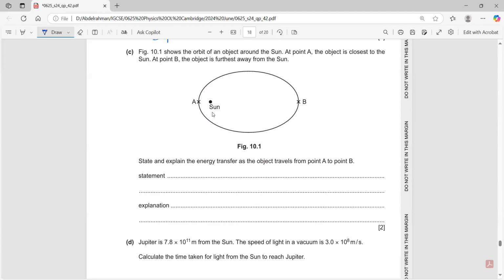You need to say why this happens: due to the law of conservation of energy.